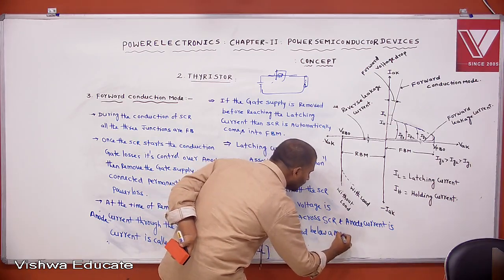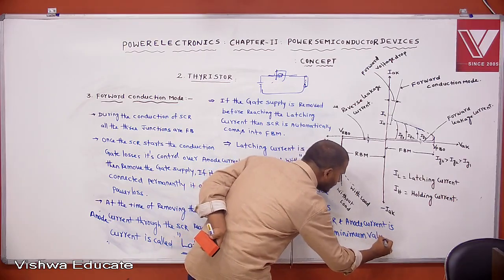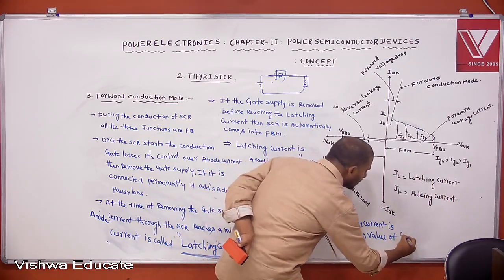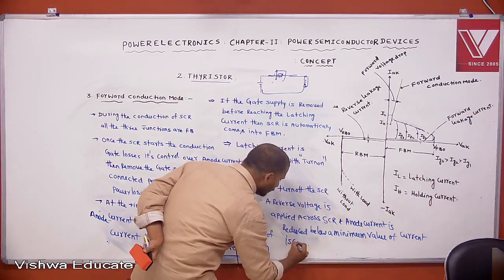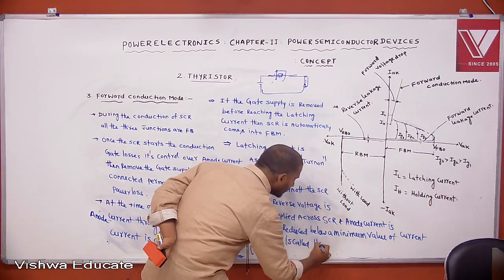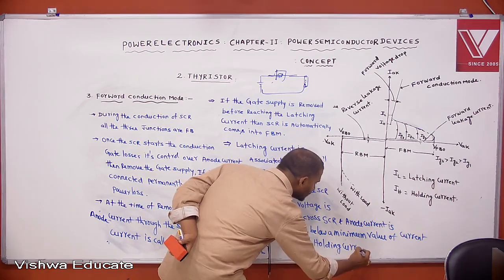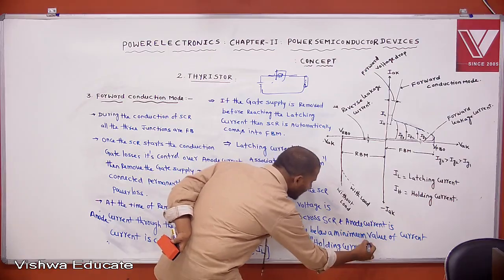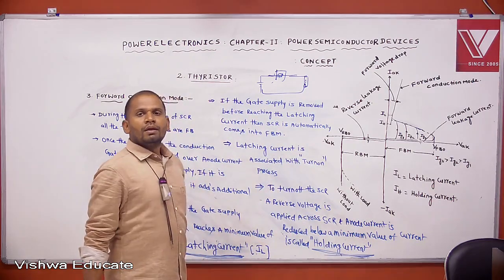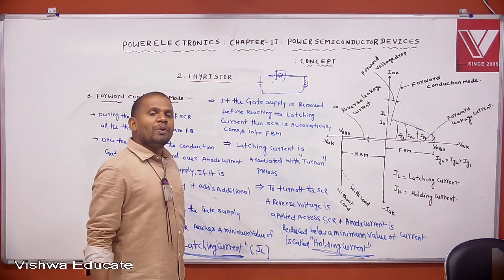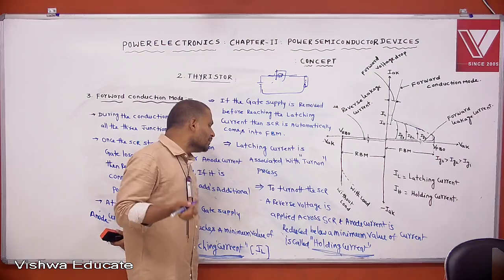The value below which the current is reduced is called which one? Holding current. That's why, if you want to turn off the SCR, we reduce the anode current below a minimum value of current by applying reverse voltage. That is nothing but the holding current.